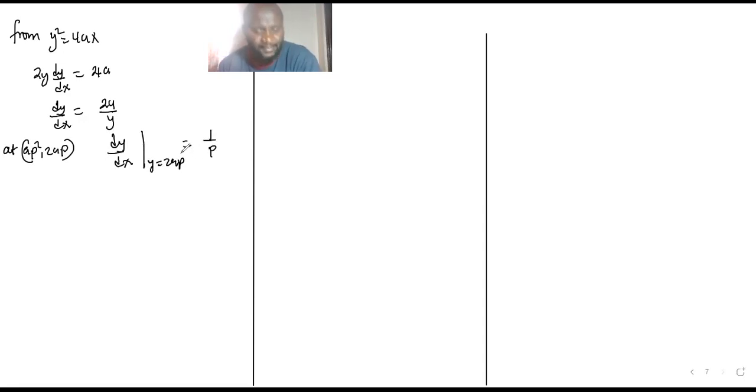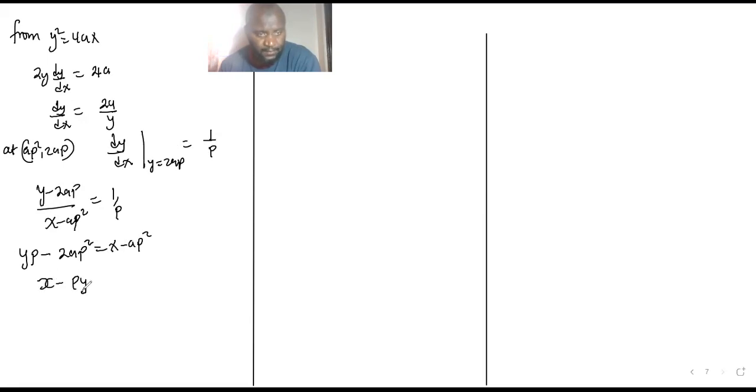You know why. Therefore, y minus 2ap out of x minus ap squared is equal to 1 out of p. You will have yp minus 2ap squared is equal to x minus ap squared, which will give us x minus py plus ap squared is 0, equation 1.